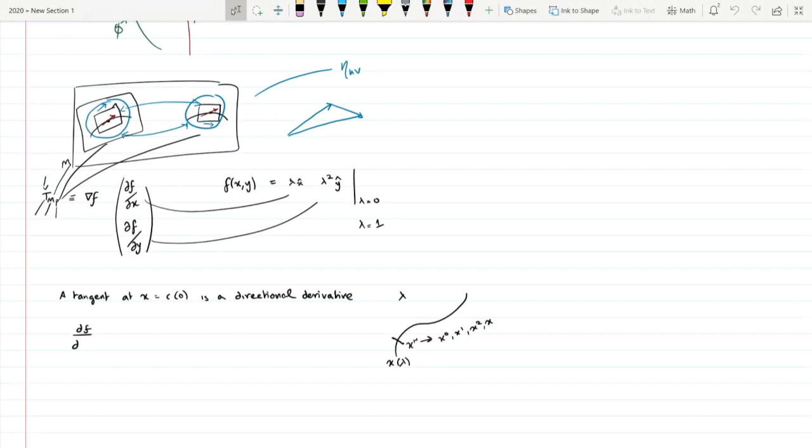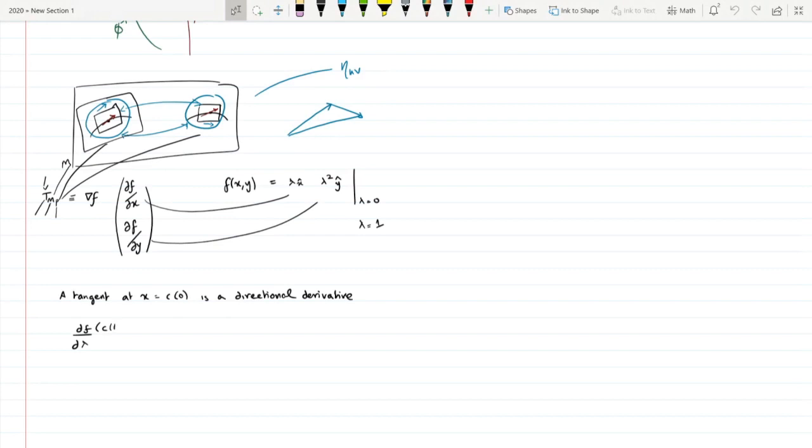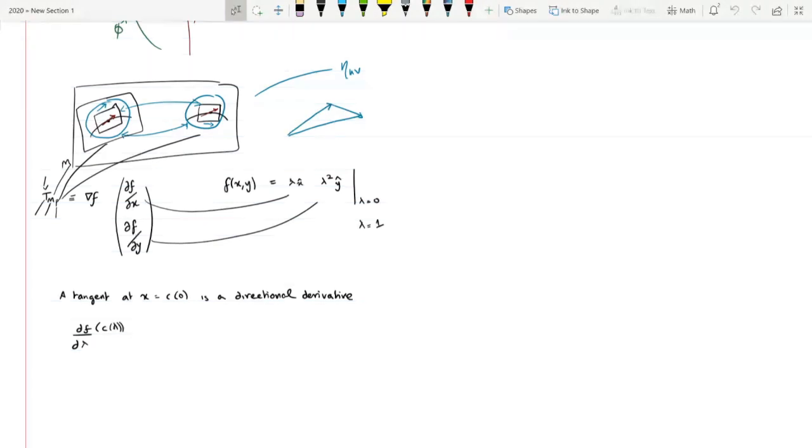At some other value, maybe lambda equal to 2, I get back a different set of four coordinates, which describe my curve. So this is our directional derivative of our function along a curve. And I'm going to set lambda equals 0.